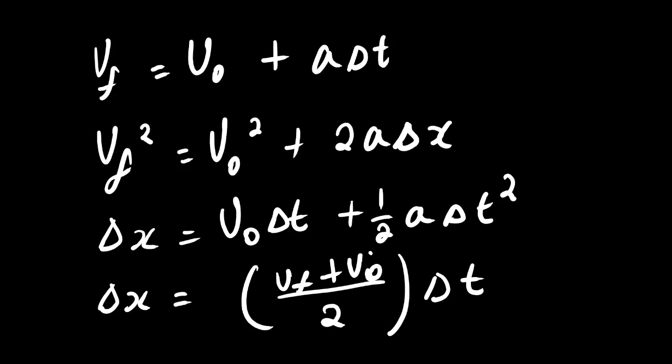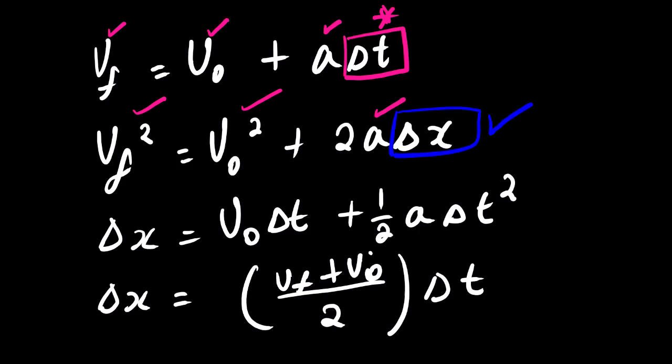Looking at the first equation, we have the final velocity, the initial velocity, the deceleration, but we don't have the change in time, and we are not looking for the change in time. In the second equation, we have final velocity, initial velocity, the deceleration, and what we are looking for.